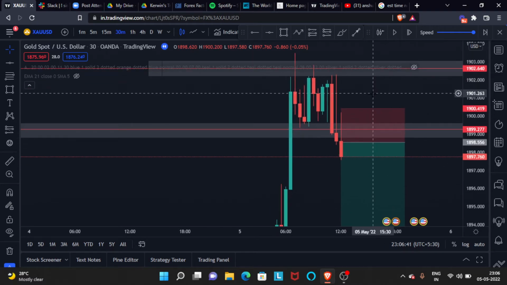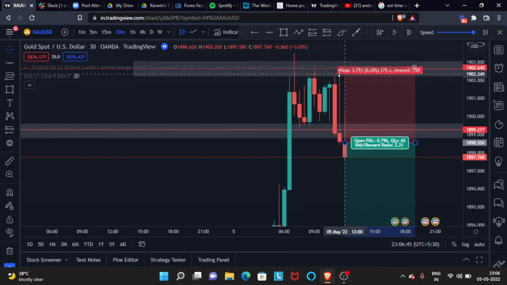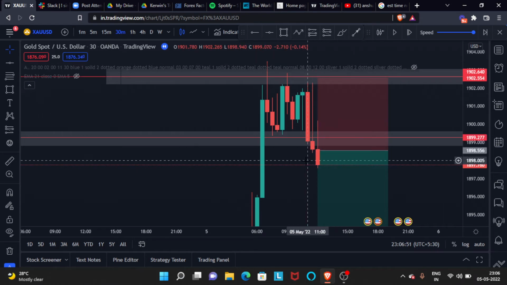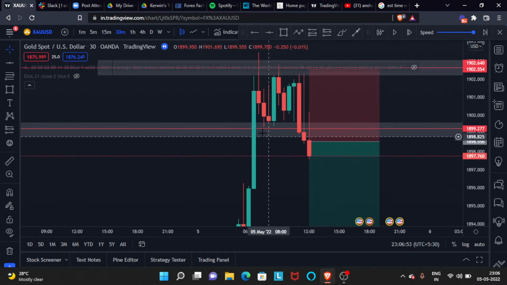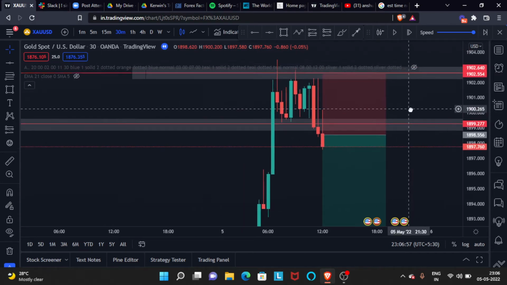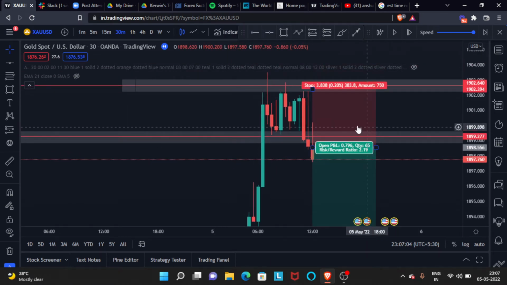You should give your trade a little more room to breathe, because this candle could have easily closed as a weak bullish candle, and then the next candle breaking the lows of that weak bullish candle and continuing down the move would have stopped me out. So the previous candle's highs were my stop loss, and that was about 38 pips.